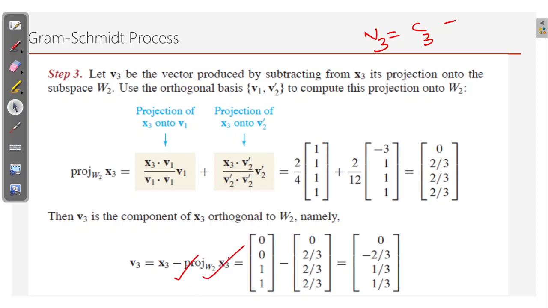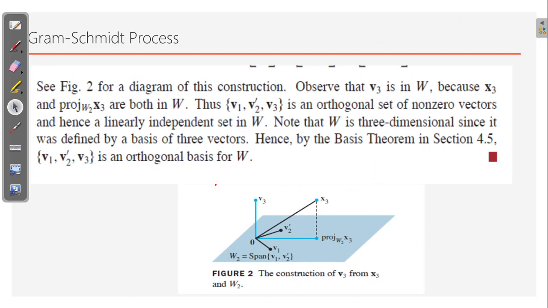Before that we will calculate the projection of x3 onto W2 like this. Yes, in this manner we will calculate V1, V2 dash, and V3.